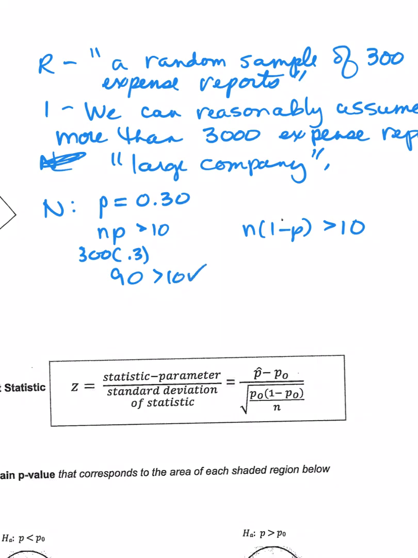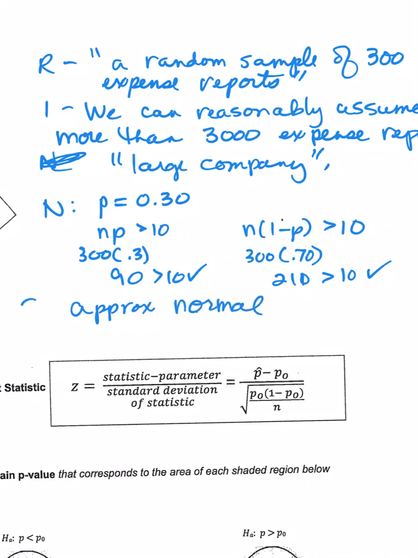All right, and then we're gonna do 300 times what? 0.7, which is 210. That's also greater than 10. So we can assume it is approximately normal by large counts, right?